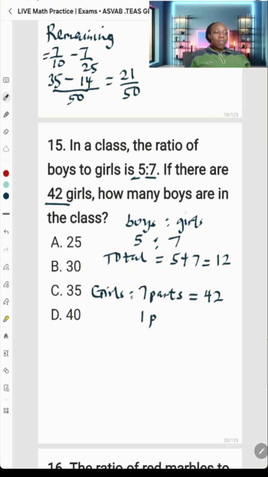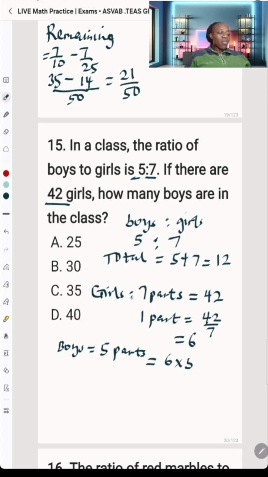We can do 42 divided by 7. That means a part is 6. Then how many boys are in the class? Boys are 5 parts of the whole class. Then that will be 6 multiplied by 5. And that means there are 30 boys.